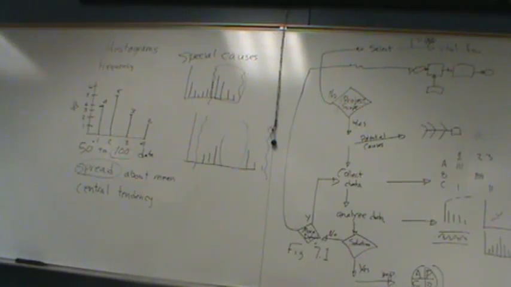All right, so next question I'm going to ask is, for you guys at Onyx, do you create your own histograms by hand, or do you let your software generate them? Software. All right, software. Do we have anybody that creates the histograms by hand?